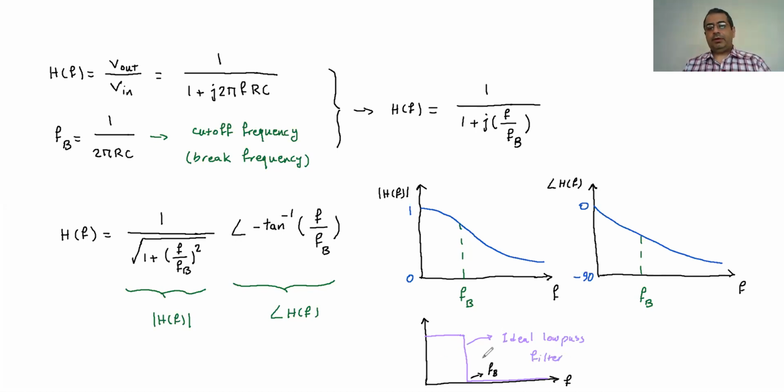So you see that in the ideal filter, we want to go from 1, suddenly drop to 0. But in the real world, practical one, when we have the first order, there's going to be a continuous curve that goes from 1 to 0. So we want to keep the curve close to 1 when it is less than the breaking frequency, and when it goes past the cutoff frequency, we want to bring it as close as possible to 0.